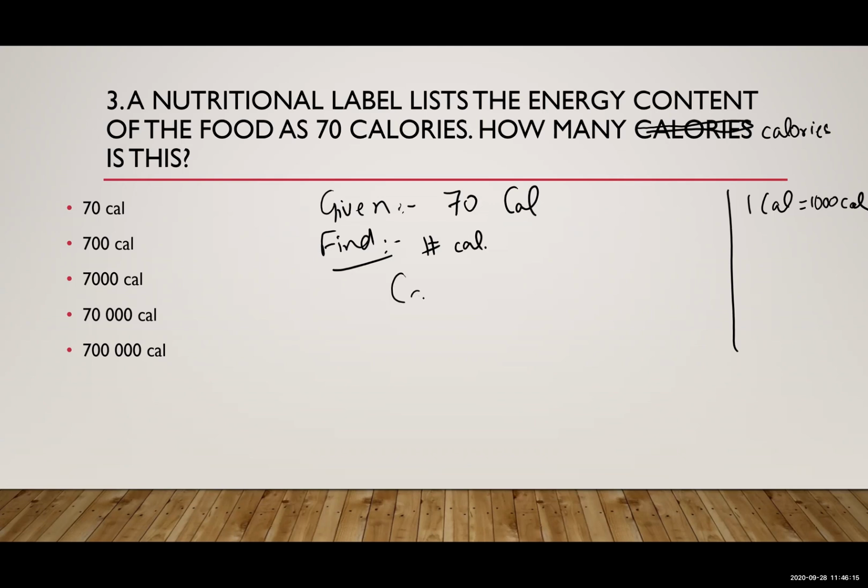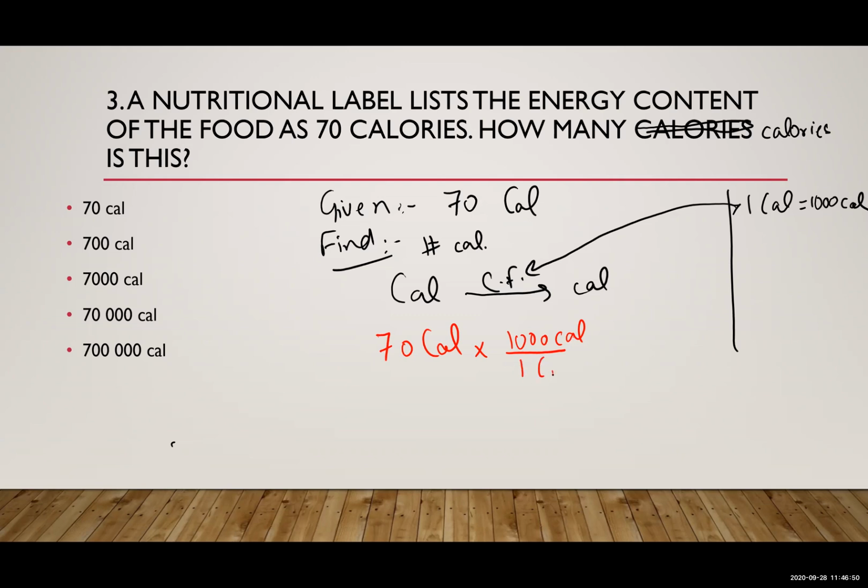Can we go from nutritional calories to lowercase calories with the help of a conversion factor? The conversion factor is going to come from here. So let's solve together. 70 uppercase calories multiplied by the conversion factor. What's going to be on top and what's going to be on the bottom? 1000 lowercase calories on top, and on the bottom 1 uppercase calorie.